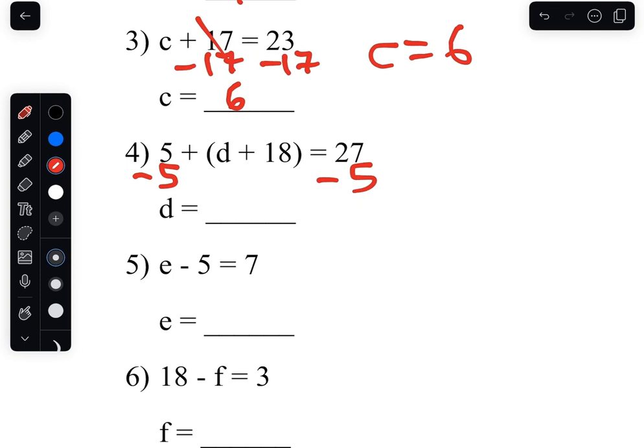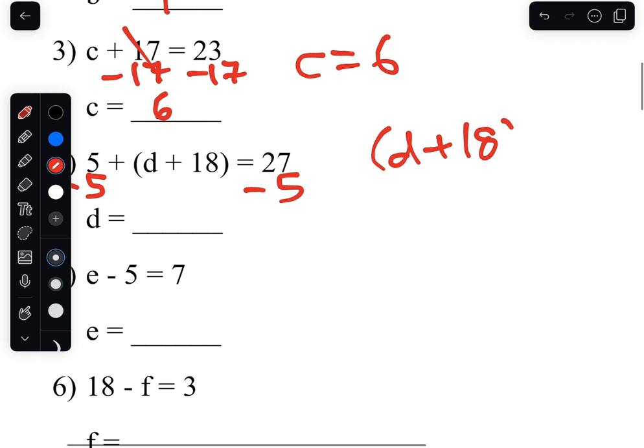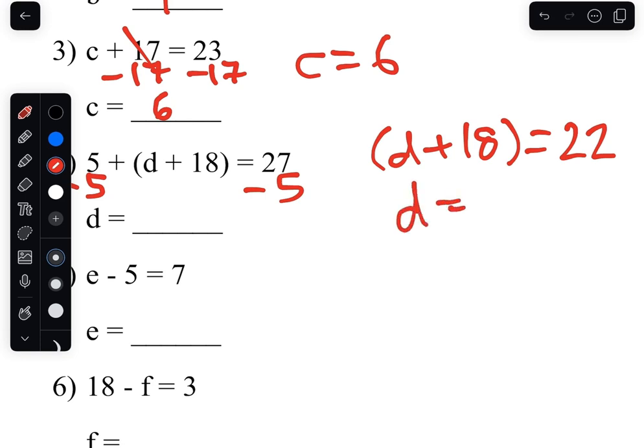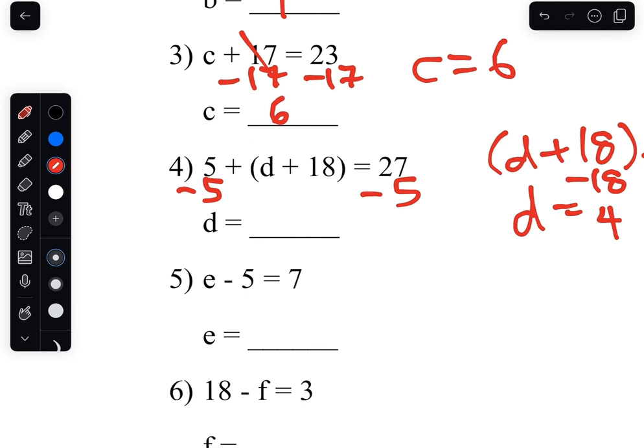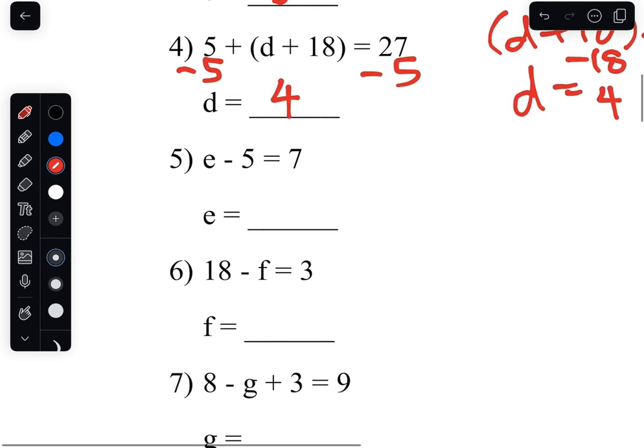which leaves us with d plus 18 is equal to 27 minus 5, which is 22. And then you subtract 18 from both sides. 22 minus 18 is 4, so the answer for number 4 is d is equal to 4.